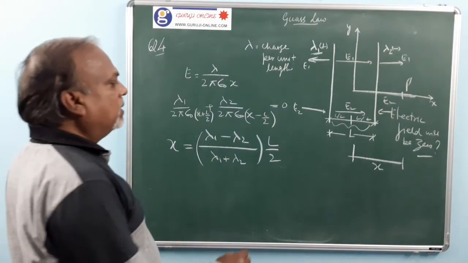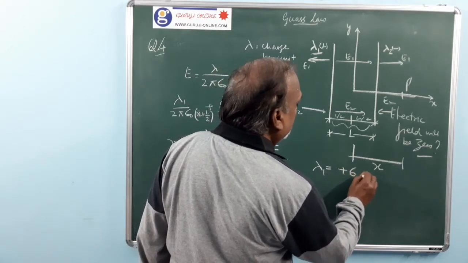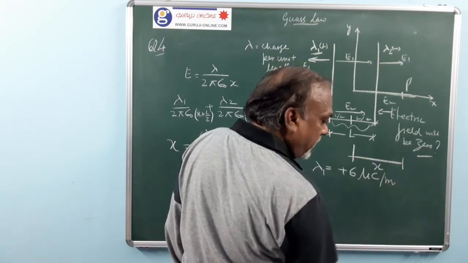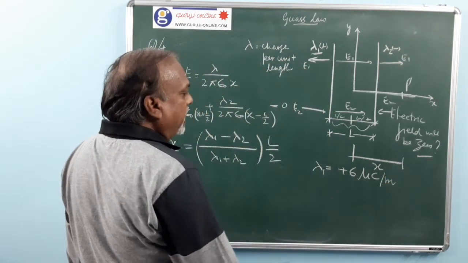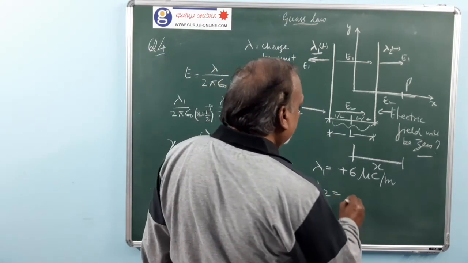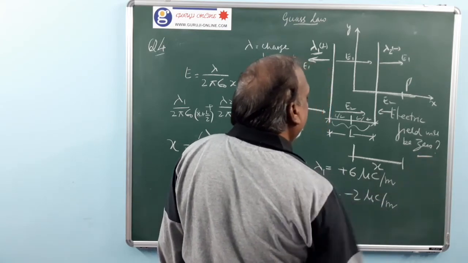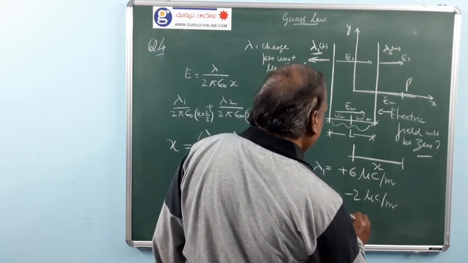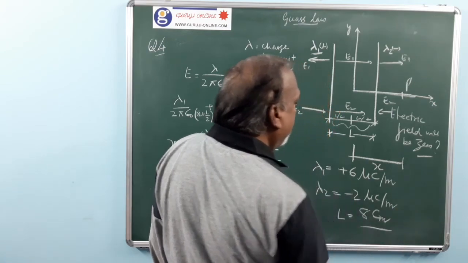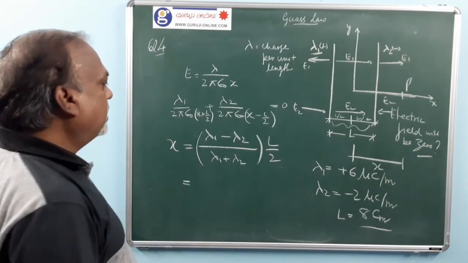Let us take the numerical problem. Suppose lambda 1 is plus 6 micro coulomb per meter and lambda 2 is minus 2 micro coulomb per meter, and your L is nothing but 8 centimeter. It will be more clear from this.